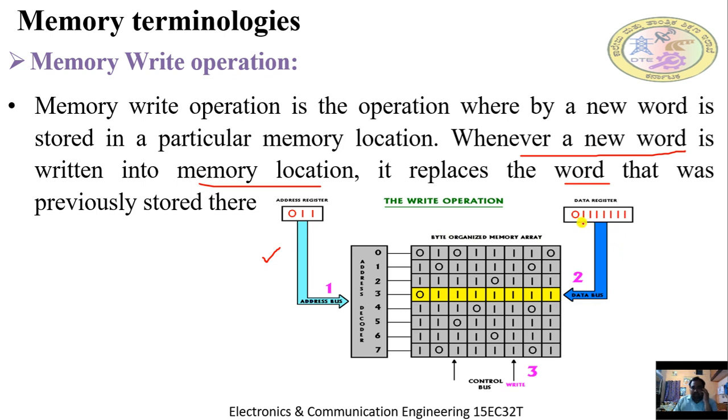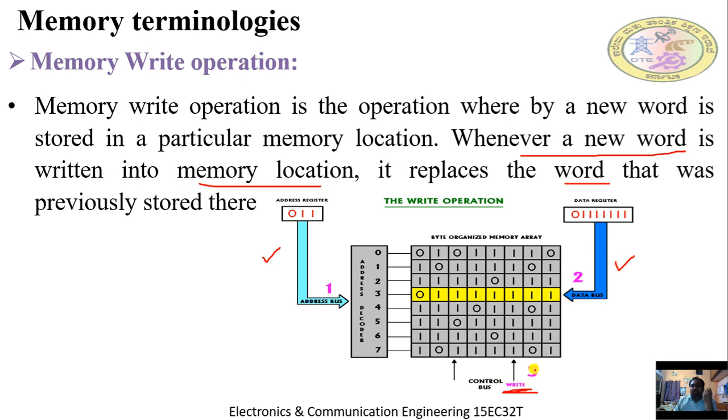So here 0 followed by 1s. This is the information which we want to write in the selected memory address content. Once the data is written onto the data bus, the very next thing is the controller will issue a write command. This is the command which will be carried forward through the control bus.